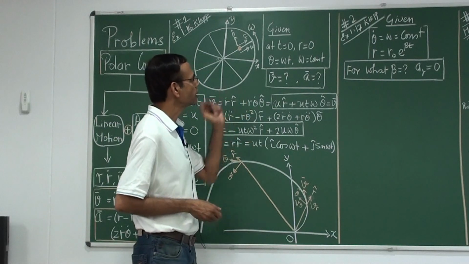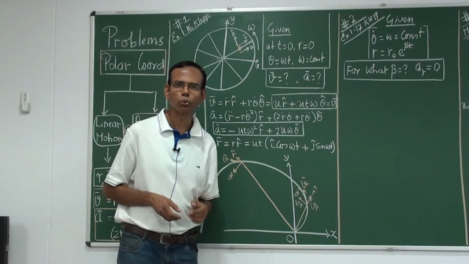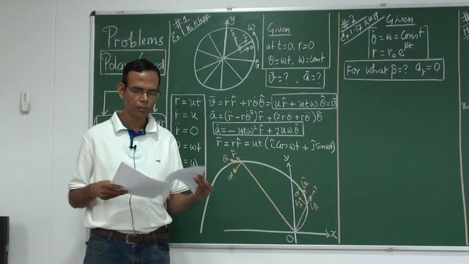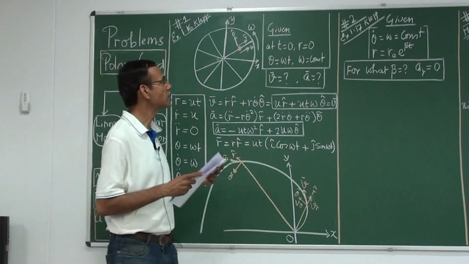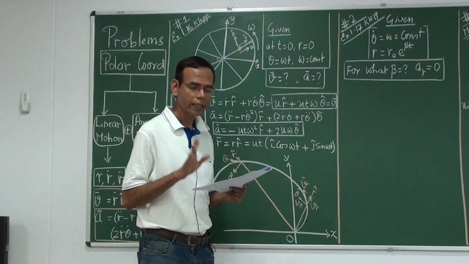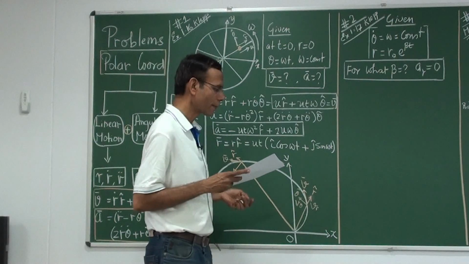Now let us come to question number 2. Question number 2 is example 1.17 of Kepler. It is also a very interesting question.